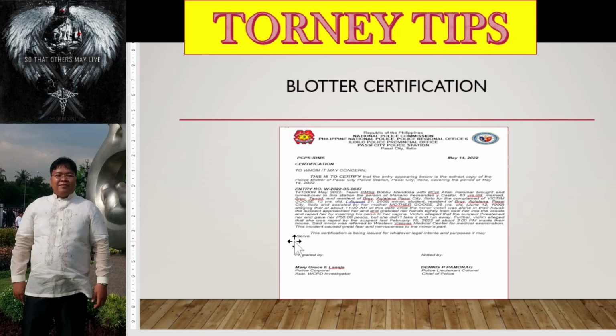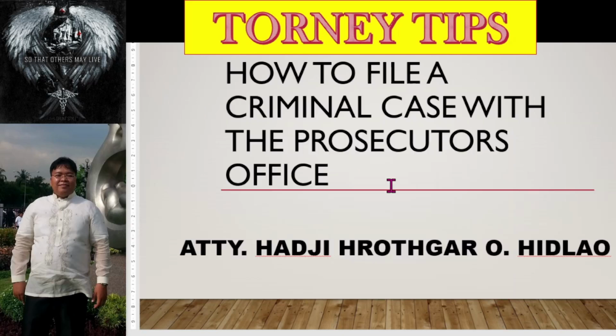So I hope you understood how to file the criminal case with the prosecutor's office. Don't worry, I will be including with this video a copy of the documents which I have presented.